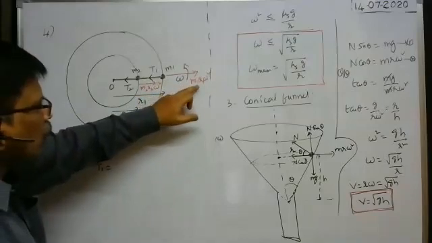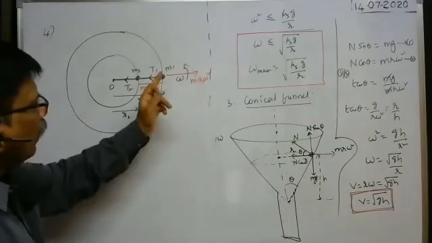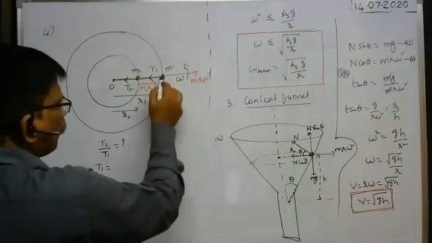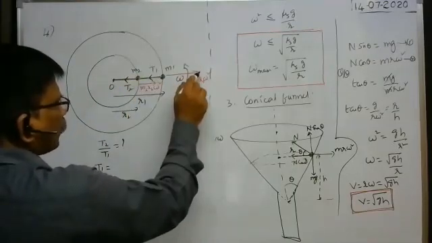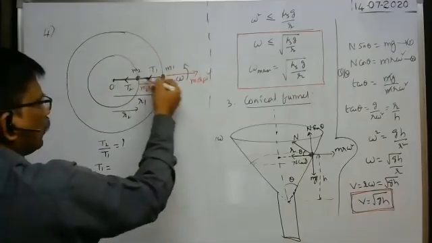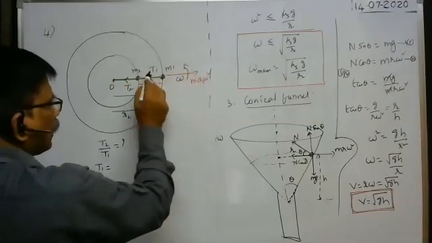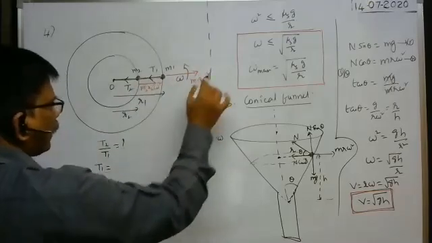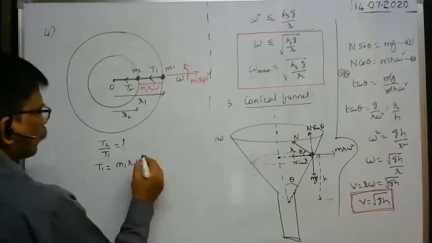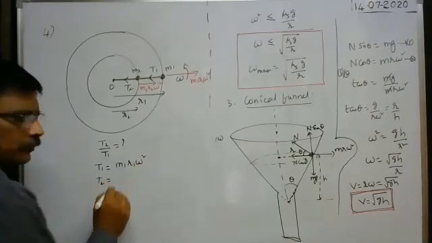One, M1 R1 omega square, acts in this direction, and in this direction the tension acts. Even then there is no motion in the body along this direction. It rotates with constant angular velocity along this path without moving towards the center or away from the center. That's why these two forces are balanced along this direction. No? That's why T1 is equal to M1 R1 omega square. Next, what about T2?